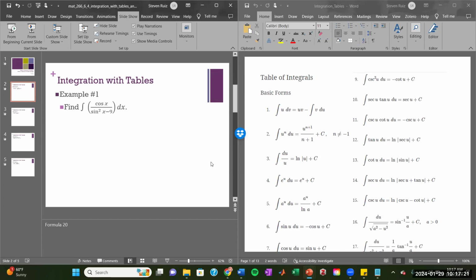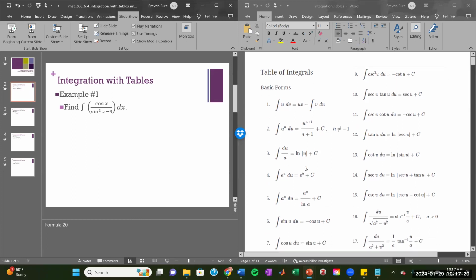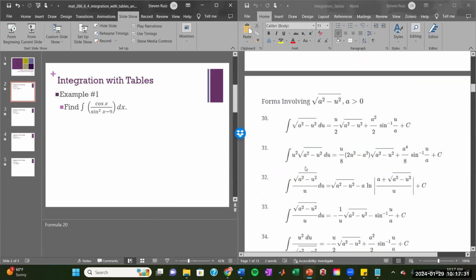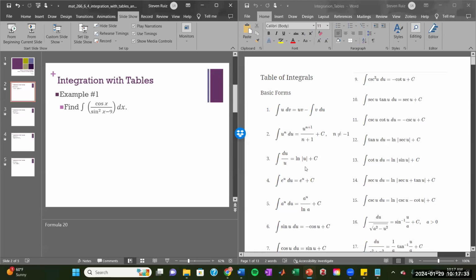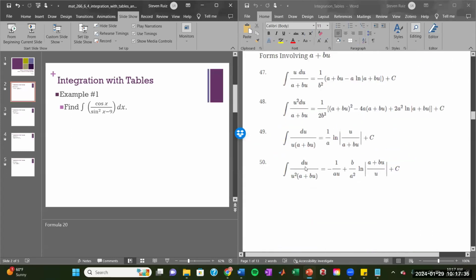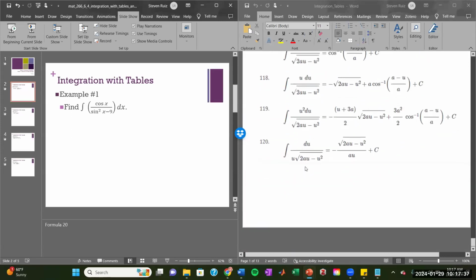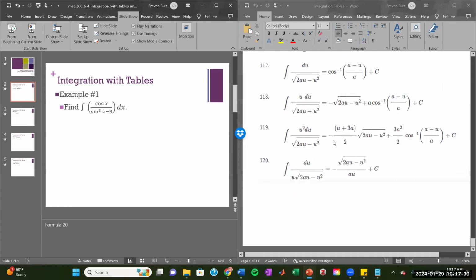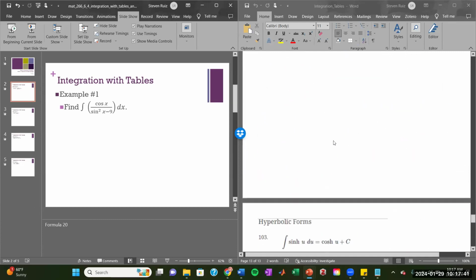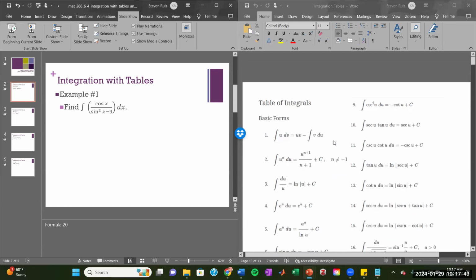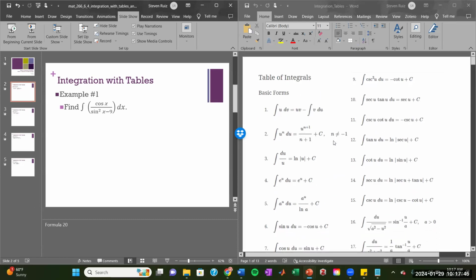So basically what I'd like us to get in the habit of doing is using these tables. Let's get a feel for what the tables look like. This reference sheet has, I think, 120 different canned integral forms that we can use, and they're all broken up into headings.